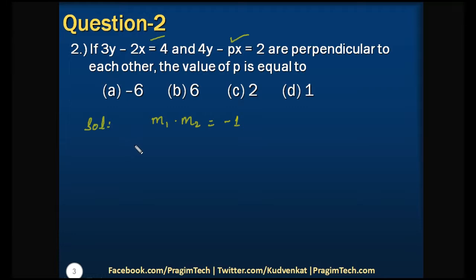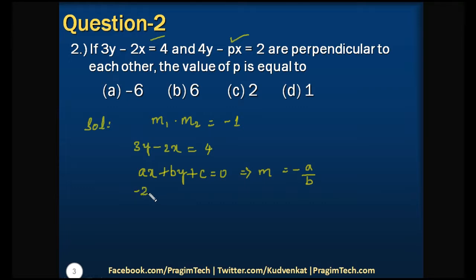So the first equation is 3y minus 2x equals 4. Let us write it in the standard form, that is ax plus by plus c equals 0. Then its slope is nothing but -a by b, right? So let us represent it in this form.